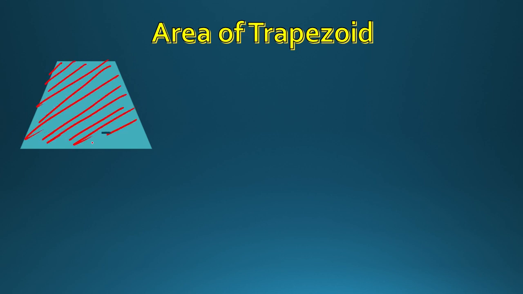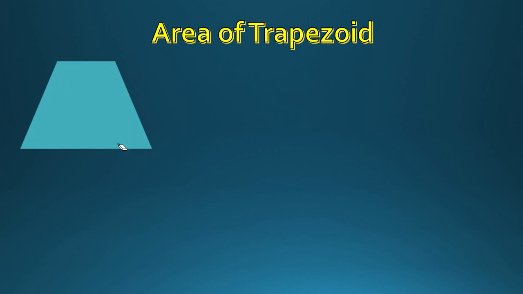Now if we want to find the area of the trapezoid, we have two methods. One is a very short method and one is a little longer, but that longer method is actually the reason to get the shorter method. So first you understand how you will find the area.